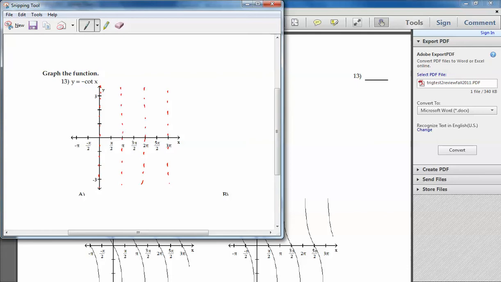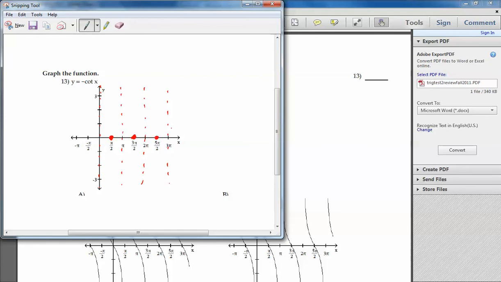So the point between 0 and pi, you say 0 plus pi divided by 2, that's pi over 2. So we know that we will cross there. Now once you know one place, you can either use the period to get other places, or you can just add any 2 consecutive places where you have vertical asymptotes and divide by 2, and you'll get another place.